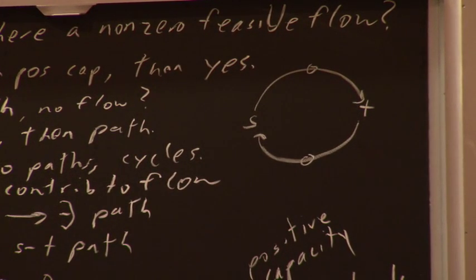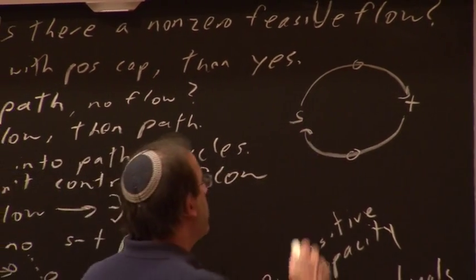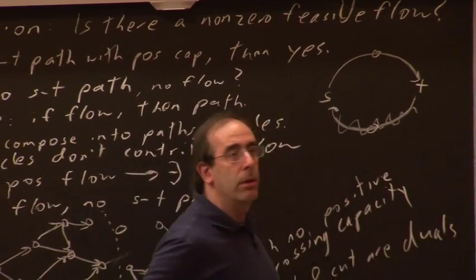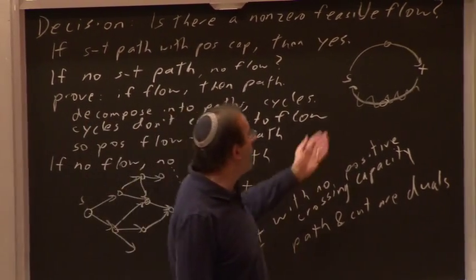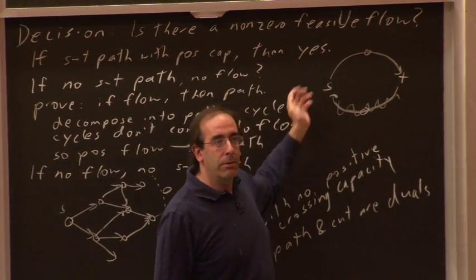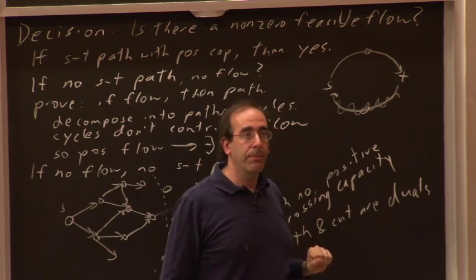But in terms of existence of a non-zero flow, I can take this cycle and just forget to bring the flow back. And now I have a non-zero flow from S to T. So there was a path. I wasn't using it before in my flow, but I can build a flow using that part of the cycle.